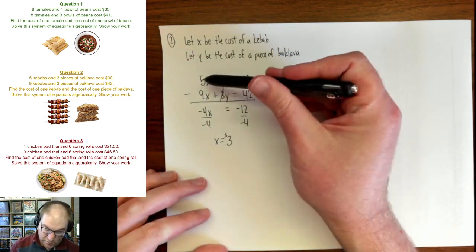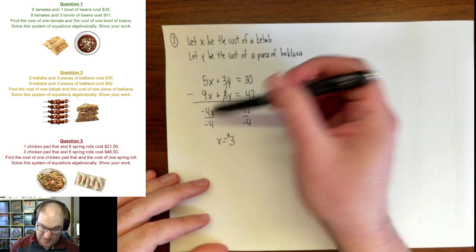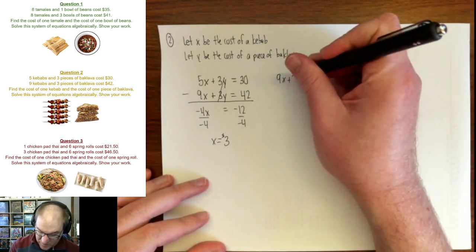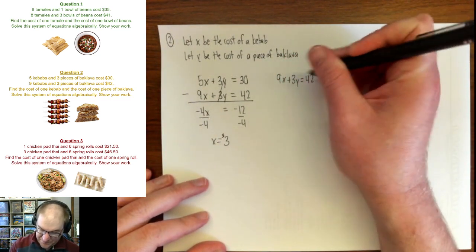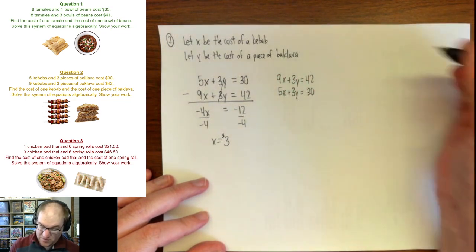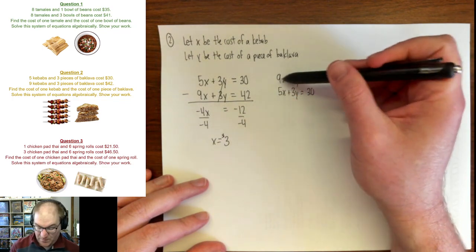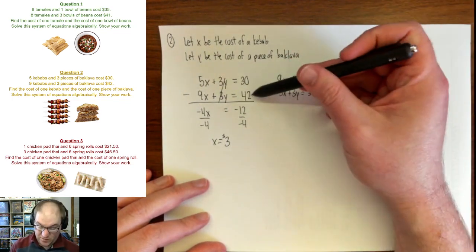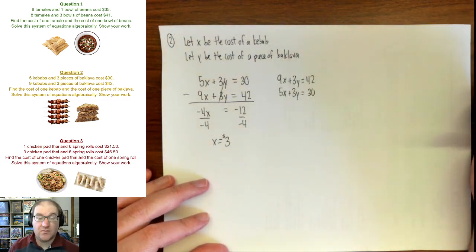Now, when we were subtracting, we got negatives, and that's kind of annoying. So I just want to show you that at any time, you're allowed to change the order of the equations in the system. I swapped them. I put the 9x on top and the 5x on the bottom, and the 42 also moves to the top and the 30 moves to the bottom.